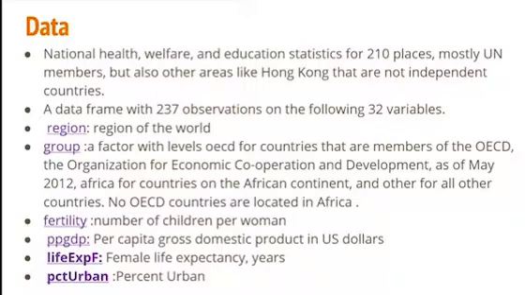A data frame with 237 observations on the following 32 variables. We have the region, the group, fertility, per capita gross domestic product in US dollars, the female life expectancy in years, and the percent urban.